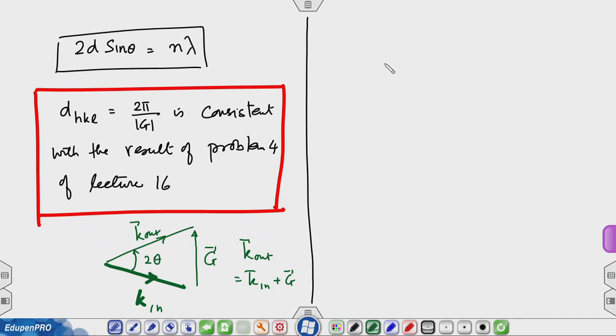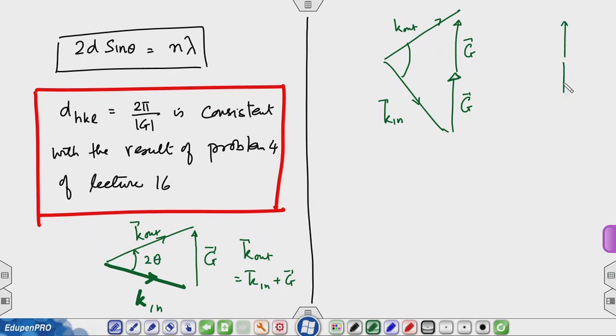I could have brought k in at a larger angle so that it rotates by 4 theta, and they are connected by 2 G's, G, G. This is k in, this is k out. I could have made the angle even bigger and make this connect with 3 G's.